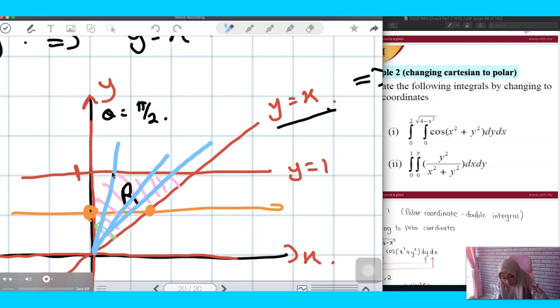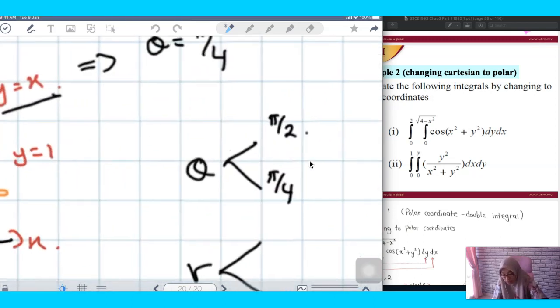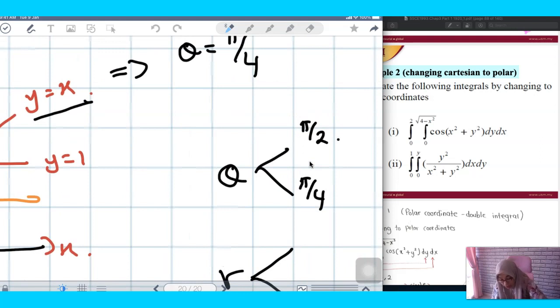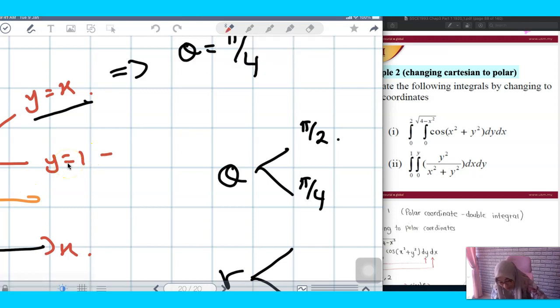Okay, so you can see the maximum, the terminal point, for any lines that you provide. All the points here belong to the straight line y equal to 1. But since y equal to 1 is an equation in Cartesian, you have to convert it into polar.